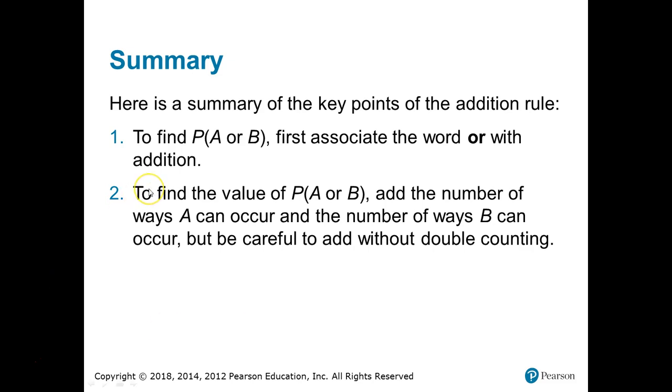And then number 2, to find the probability of event A or event B occurring, you have to add the number of ways A can occur plus the number of ways B can occur, but just be careful to not count any event twice. You got to subtract out anything that's redundant. So subtract out the probability of event A and B occurring.